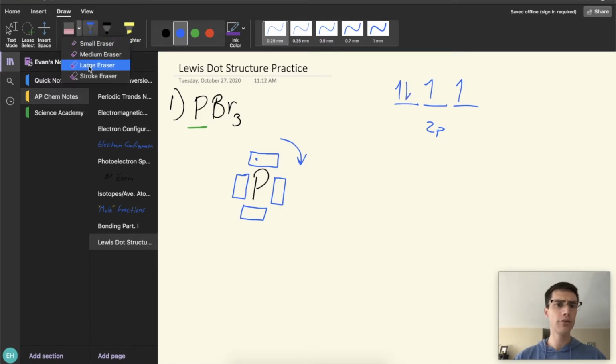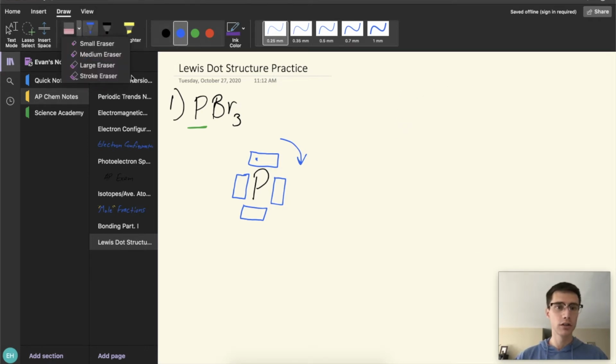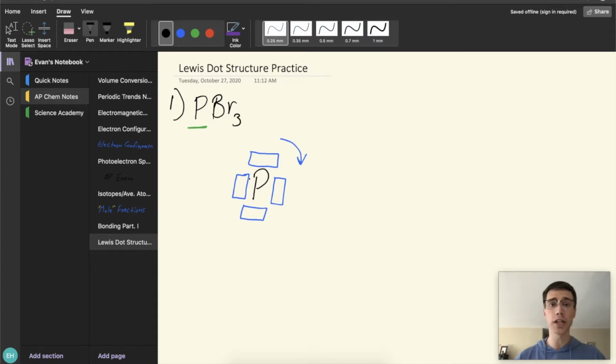So we're going to look at these boxes that I have the phosphorus surrounded with in a similar fashion. Let's start drawing these valence electrons here. Because I drew the phosphorus in black, I'm going to represent its valence electrons in black as well. We just noted that it has 5 valence electrons based on where we find it in the periodic table. So here's 1, 2, 3, 4, and 5.